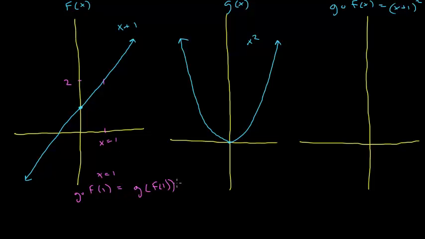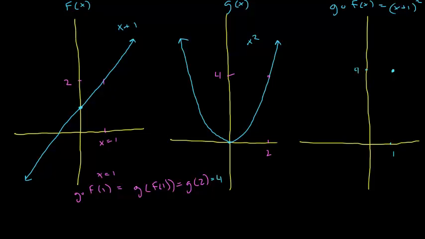So what we want is g of 2, which, as you know, will give you an output of 4. So g composed with f of 1 should give you an output of 4. So here's x equals 1, and here's g of f of x, which equals 4.